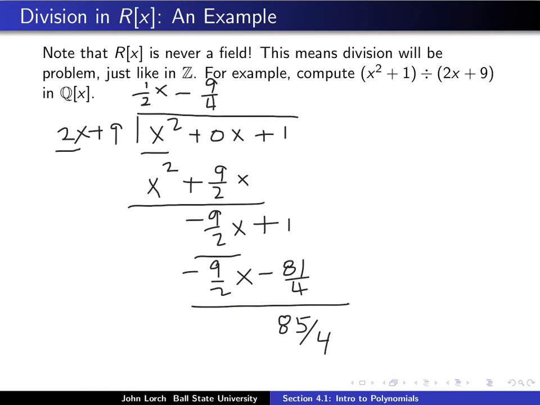And so what we see, if we write this out, is that the quotient is 1/2 x minus 9/4, and the remainder is 85/4. So we could write that like this.